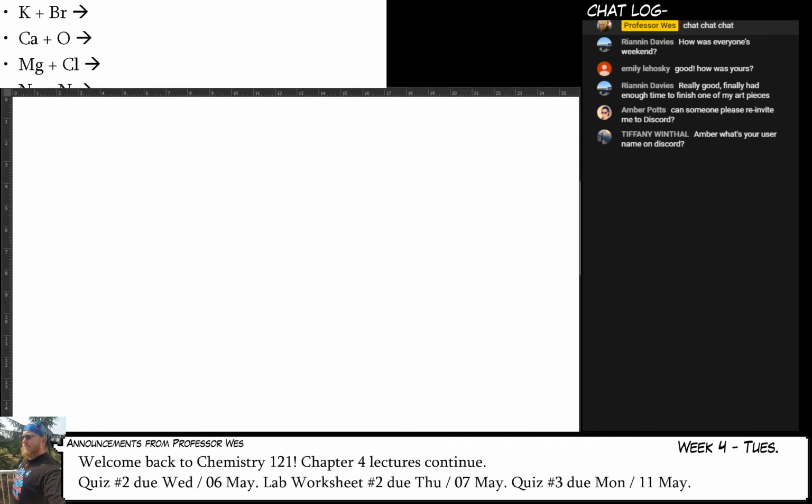So let's write the Lewis structure for potassium, first of all. Potassium is in group 1. Since it's in group 1, how many valence electrons would it have? And you would draw that many dots. There you go.